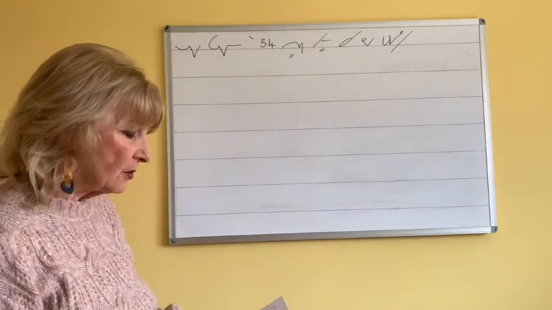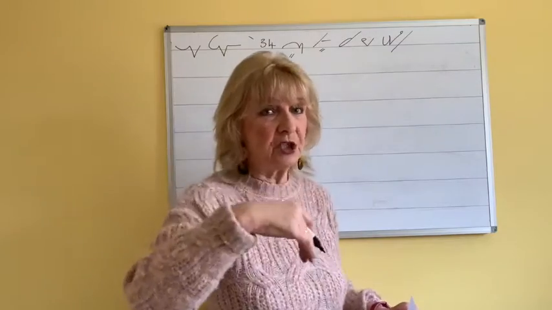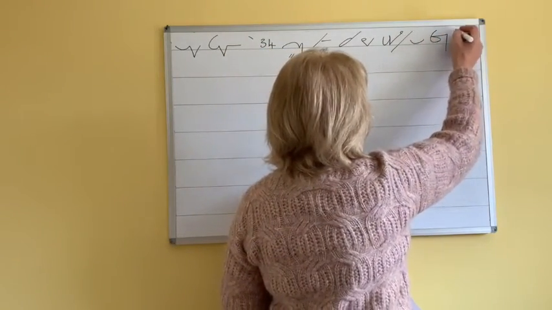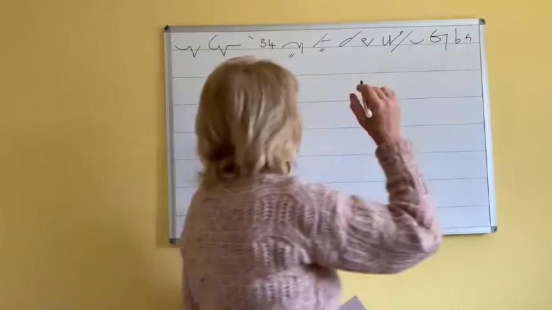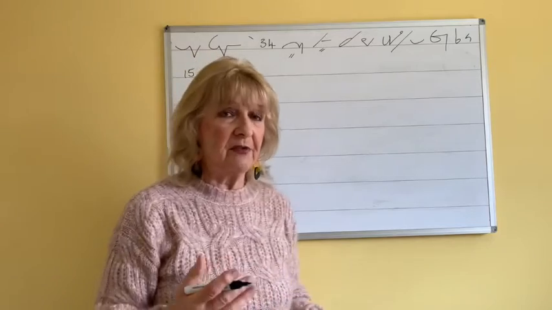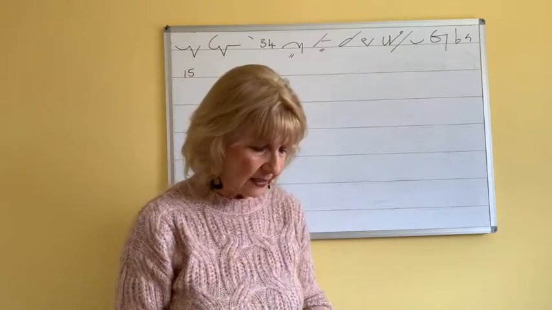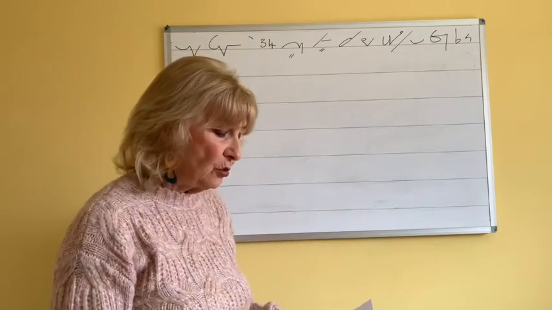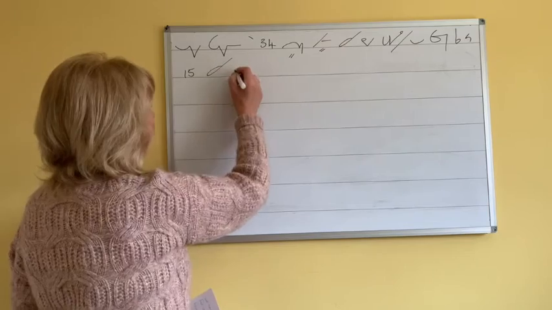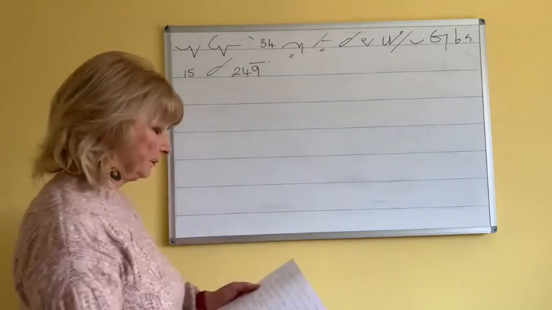We bought the house in 2015. Now we're talking about this century. So we bought the house in, now you could have just wrote 15 because it's 2015, but if you put the 2 and the 0 in before the 1 and the 5, that's fine. For £249,000.